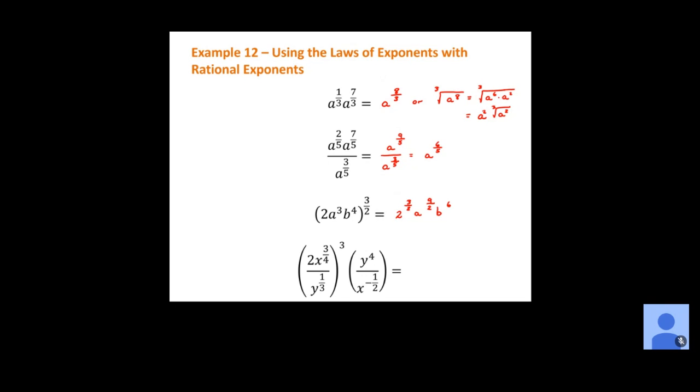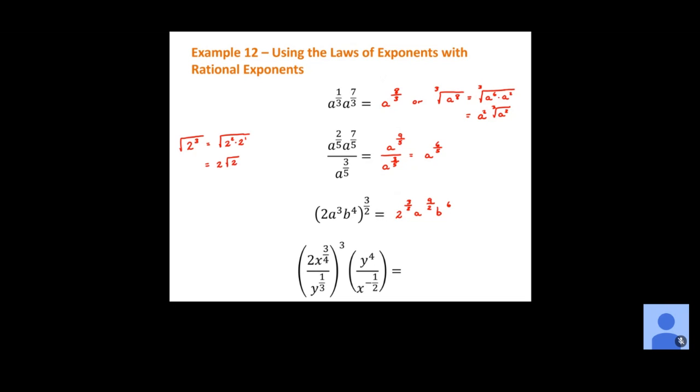Now, the only thing I would probably really worry about here is that 2 to the 3/2. So I'm going to come out here and do that work to the side. That's the same thing as the square root of 2 to the 3rd. And since we're taking a square root, we're looking for groups of 2 here. So this is the same thing as 2 squared times 2 to the 1st. Square root of 2 squared is going to give us 2.